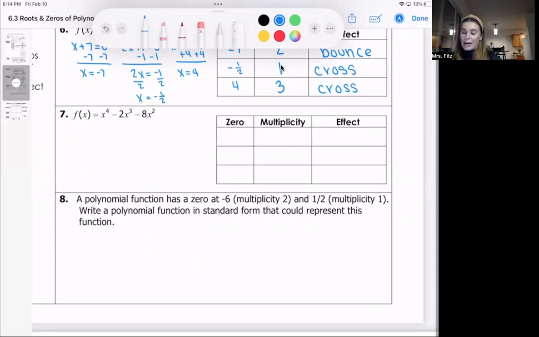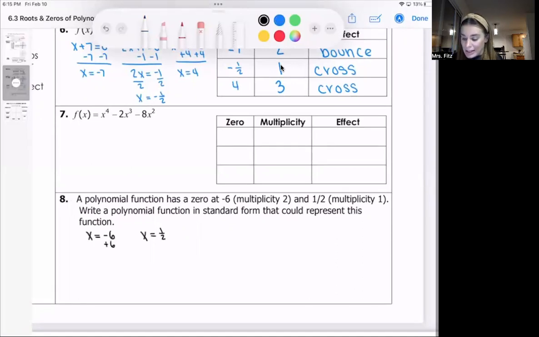Okay, so if it has a 0 at -6, it means at some point when you were solving, you ended up with x equals -6. If you end up with a half as an answer, somewhere you ended up with x equals a half. Let's go ahead and reverse engineer what the factor would have to look like.